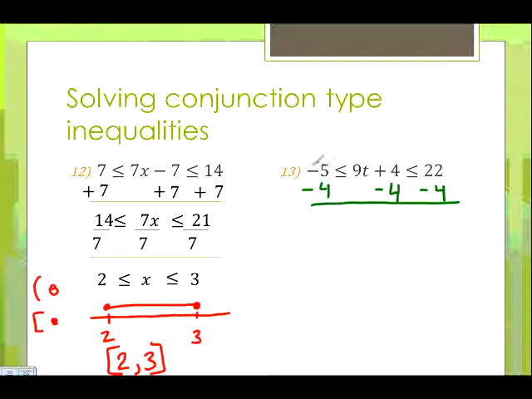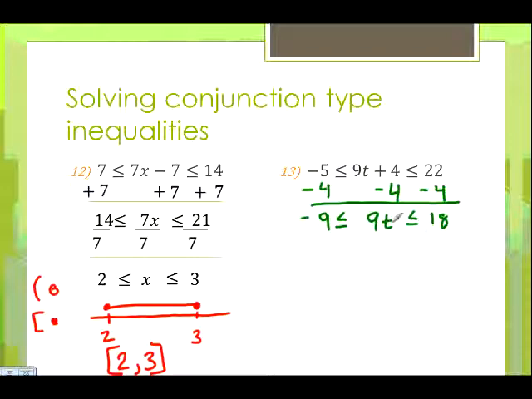Rewrite it. Negative 5 minus 4. When doing addition, that's adding and subtracting. Same sign, says you add them. And I have negative still, less than or equal to 9t remains in the middle, less than or equal to 22 minus 4 is 18.